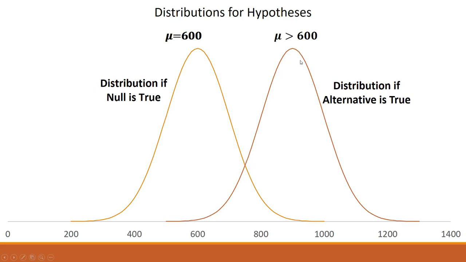Okay, so now we have two possible distributions. We don't know whether either of them are true, but what we can do is evaluate whether or not we have evidence to think that the null hypothesis distribution is true or the alternative hypothesis distribution is true.